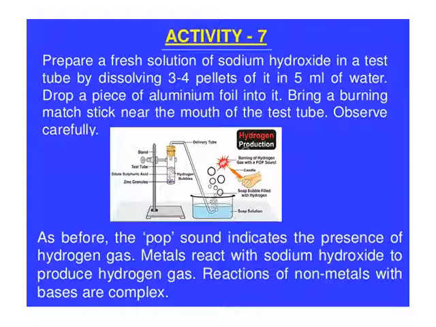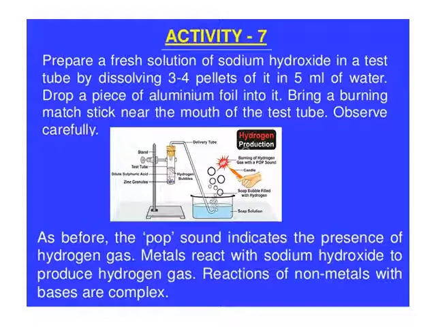It is a base or alkali. Now, to that test tube, you have to drop a piece of aluminum and bring a matchstick or a candle to the mouth of the test tube. So, what do you observe? Here, the pop sound is indicated, and that is the reaction between the metal and the base.